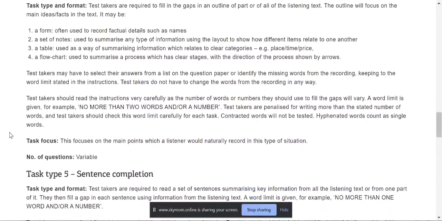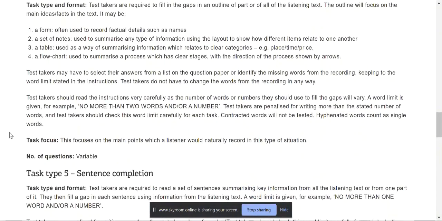And the thing that makes huge differences between the IELTS and the TOEFL is that in IELTS, in the last part, which is part 4, question number 30 to 40, you have the highest level of difficulty, where the TOEFL has its minimum level of difficulty.